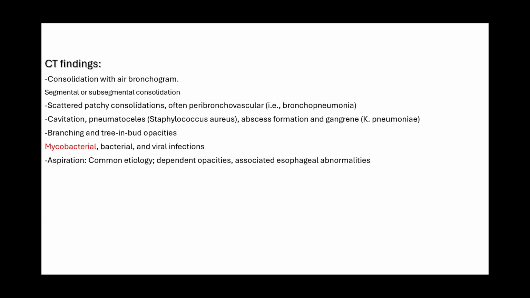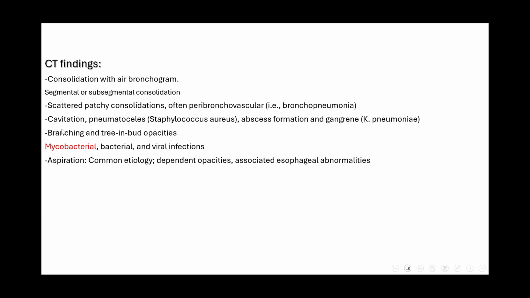CT findings in pneumonia have different patterns. Again, the clinical scenario, history of the patient, and clinical examination are important. Sometimes it comes as consolidation with air bronchogram, sometimes as patchy consolidation around the bronchovascular bundle, called bronchopneumonia, and I have a case to show.